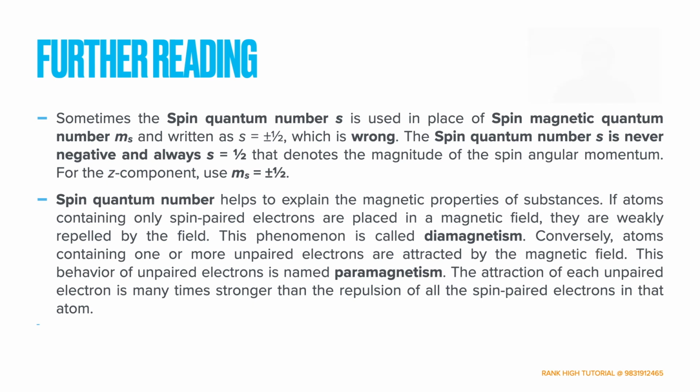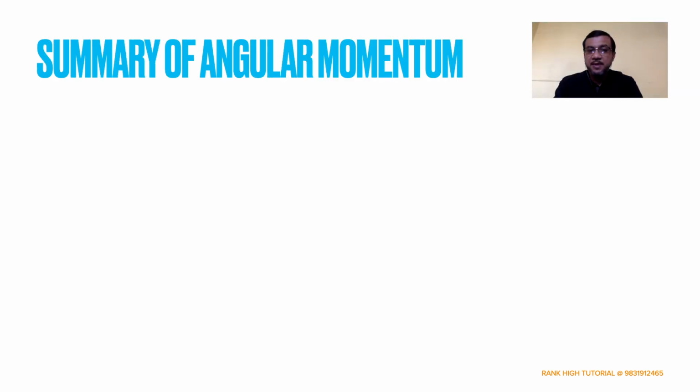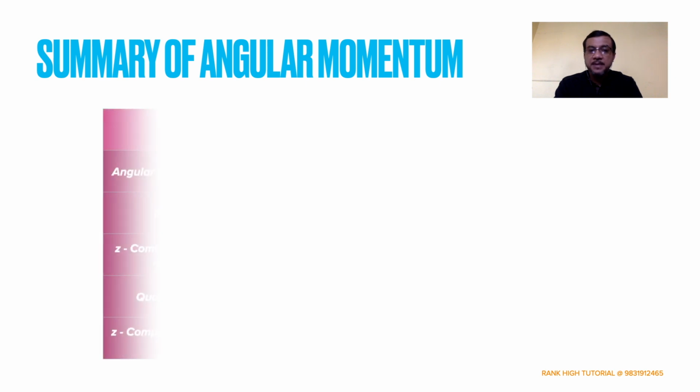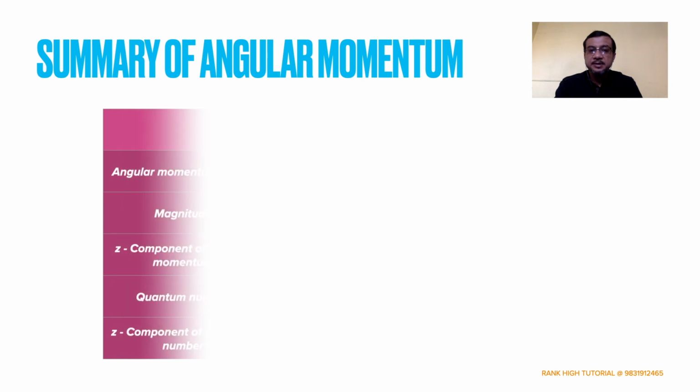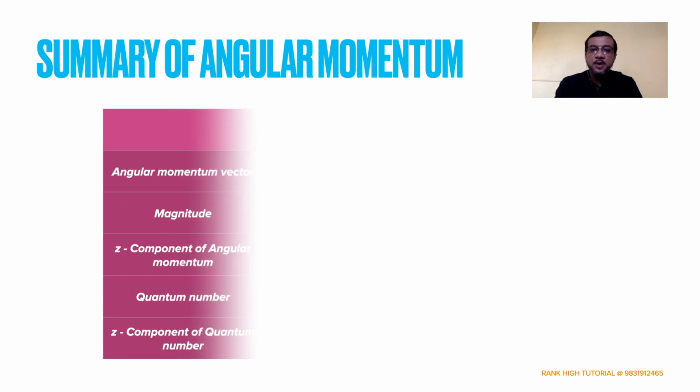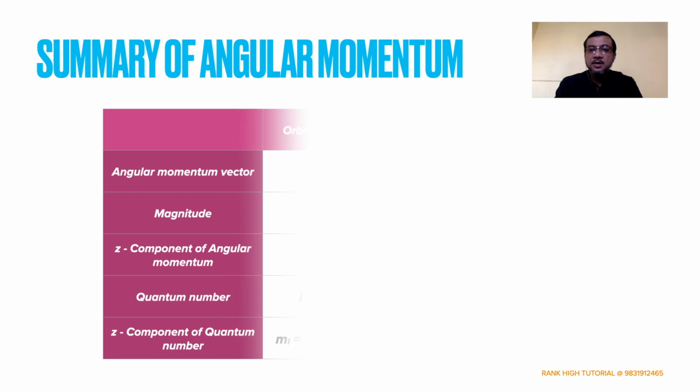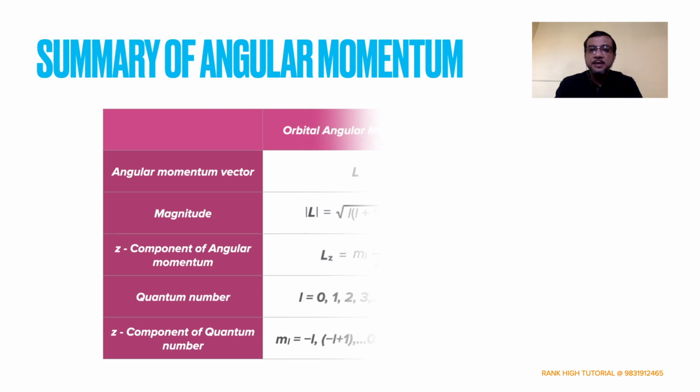To avoid confusion, I have tabularized the orbital angular momentum and spin angular momentum here. The angular momentum vector for orbital angular momentum is capital L and that for spin angular momentum is capital S. The magnitude of capital L equals square root of small l into small l plus 1 into h by 2 pi, and that for spin angular momentum is square root of small s into small s plus 1 into h by 2 pi.